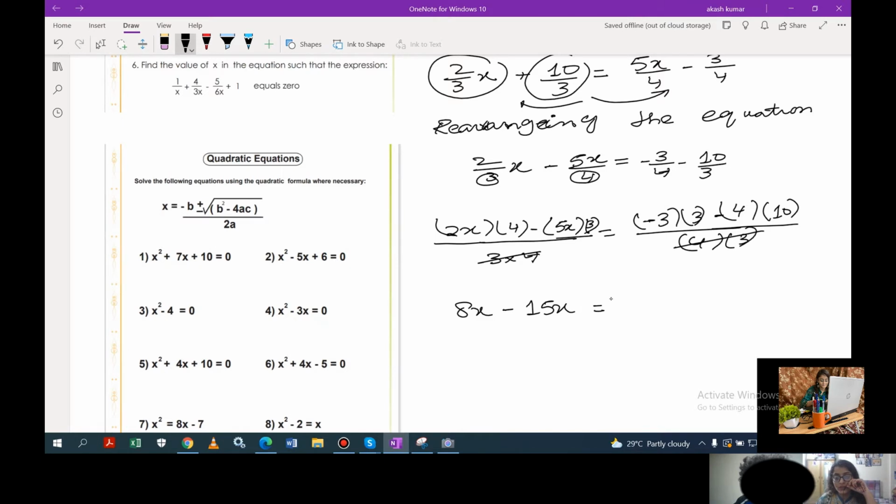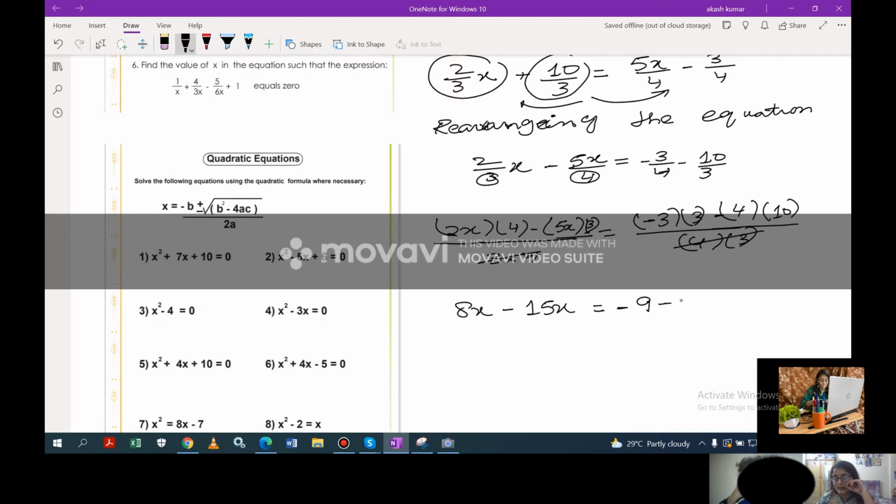Then we have the equals sign. Minus 3 times 3 will be minus 9. Then we have a minus sign again. 4 times 10 is 40.